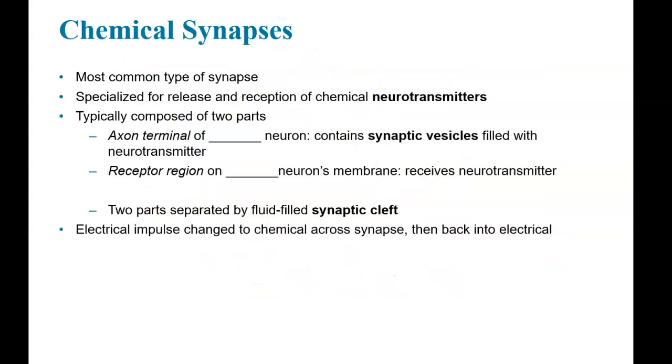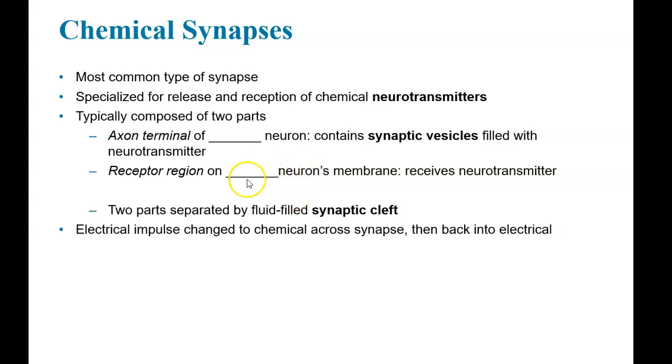The most common type of synapse are chemical synapses. These are specialized for the release and the reception of chemical neurotransmitters. And they're typically composed of two parts. There's the axon terminal of a presynaptic neuron, which contains the synaptic vesicles filled with the neurotransmitter. And then there's the receptor region on the postsynaptic neuron's membrane, which receives the neurotransmitter.